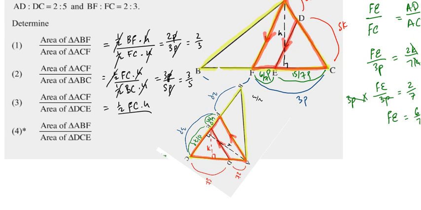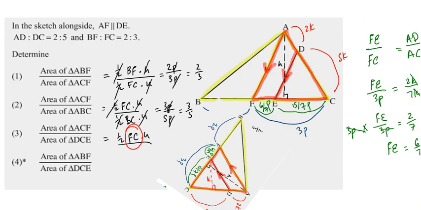We used FC as the base of ACF. If we check it from this angle here, the same area for ACF can be found by saying the base is AC. Yes, I think there was a question there. Yes, Mr. Fatai.